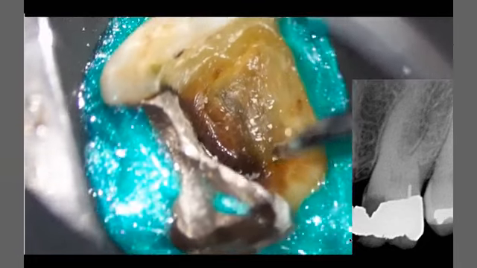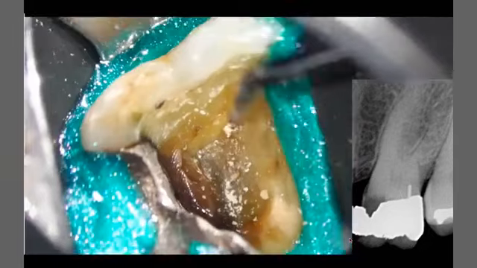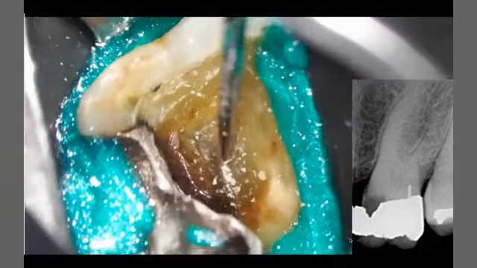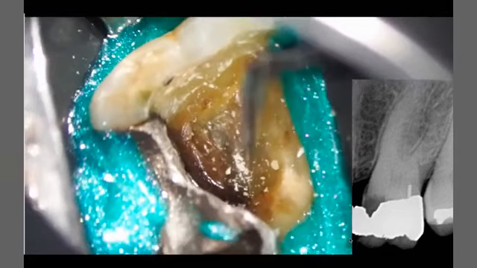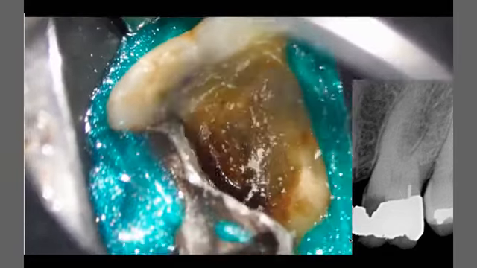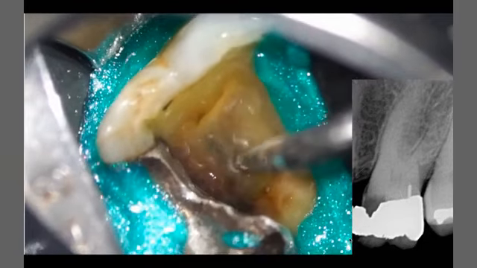You can see the pulp chamber is completely calcified, and I am trying now just to know where the outline of my pulp chamber is, and with the sharp endoprobe you can examine this area.